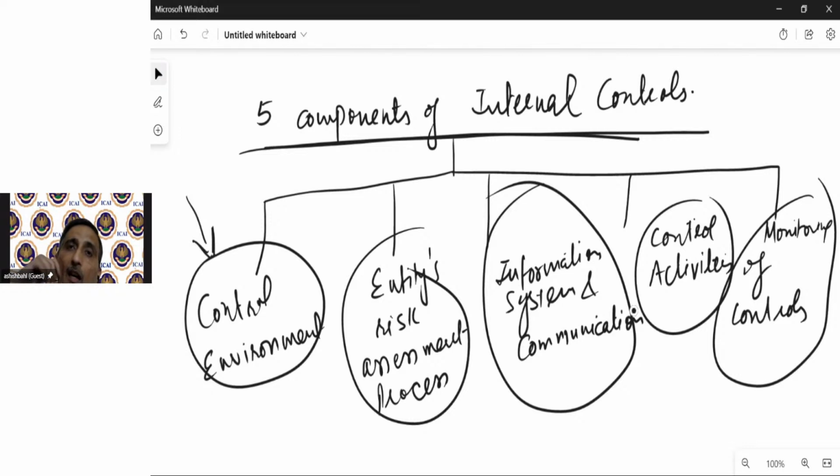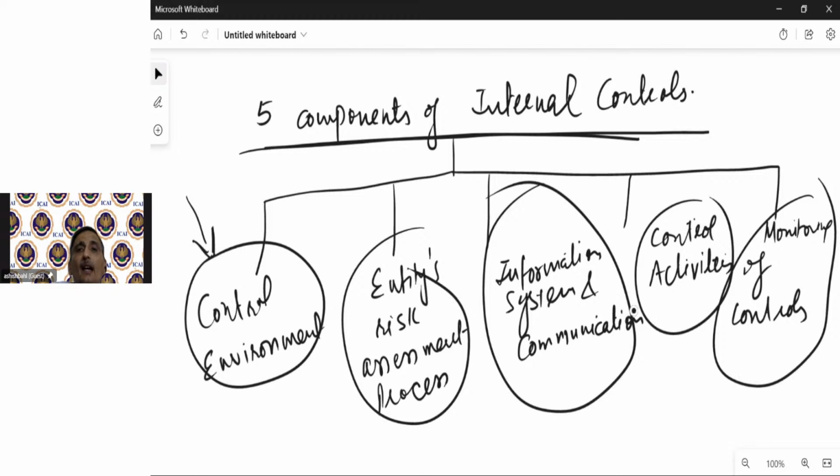So if their intent is such, then what kind of control systems would they be devising or implementing in their organization? You can very well understand. So these all factors go to make a control environment.